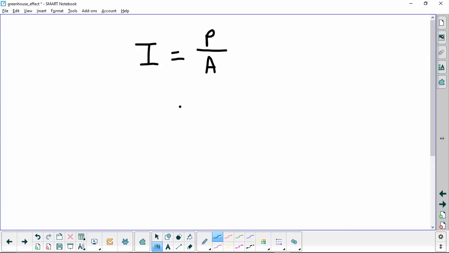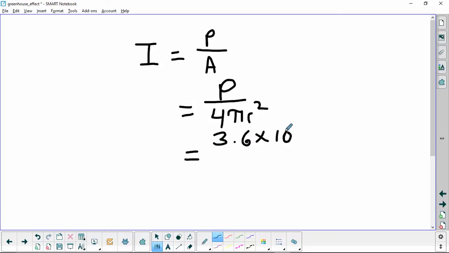And in this case, it's going to be power over 4 pi r squared. I know the power is 3.6 times 10 to the 26 watts. I know 4 pi and my radius is 1.5 times 10 to the 11th.